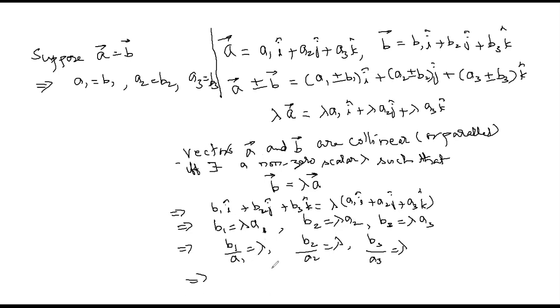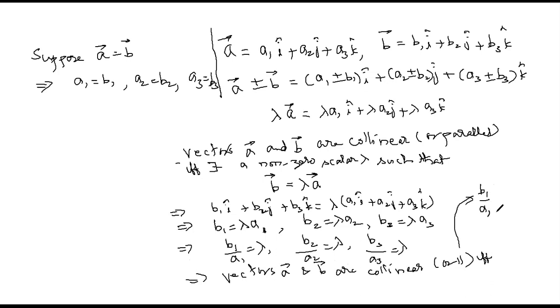We can say that vectors A and B are collinear or parallel if and only if you have the ratio B1 upon A1 is equal to B2 upon A2 is equal to B3 upon A3 is equal to lambda. Lambda is a non-zero constant.